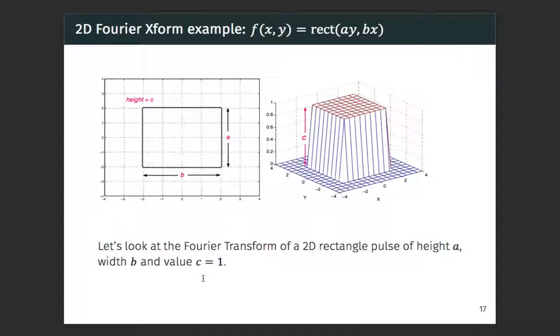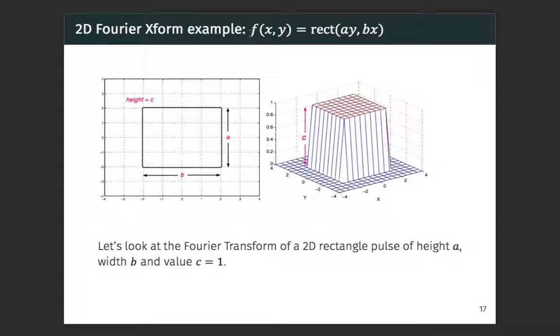That's the kind of function you will use, for instance, for sampling your signal. So it's a particularly important signal to study, and we're just going to do the exercise of computing the Fourier transform for that.